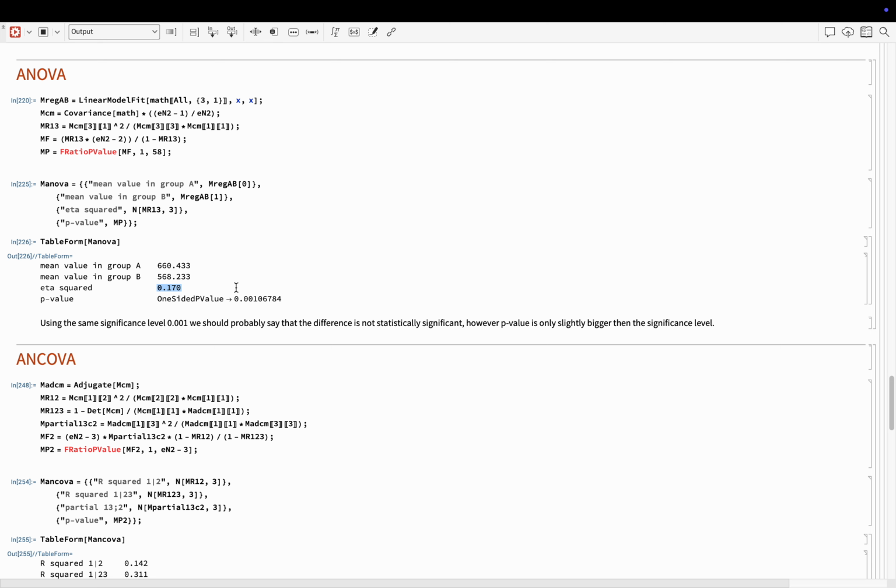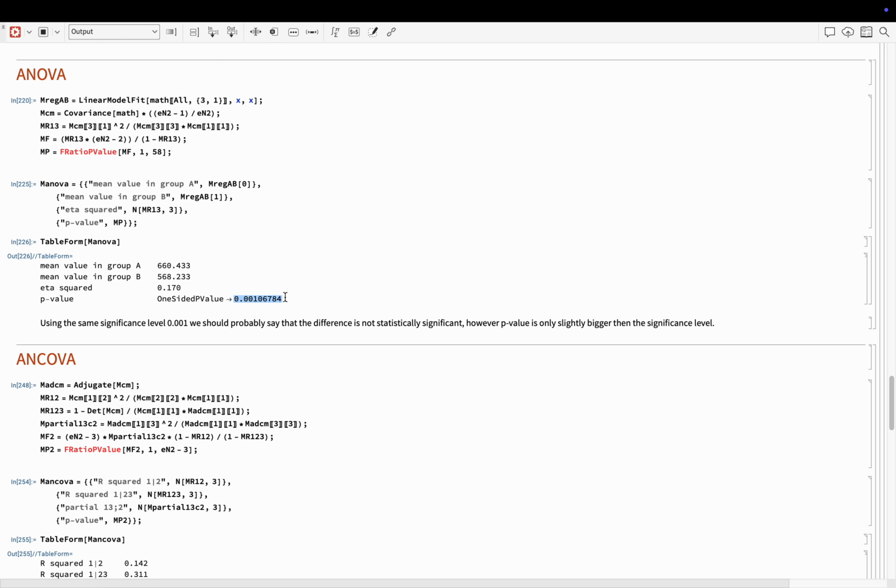17% of the variance of the dependent variable is explained by the relation with our experimental variable. And when we look at the p-value, if we assume a significance level of 0.001, then we will be just on the verge, on the not significant side, but just on the verge.